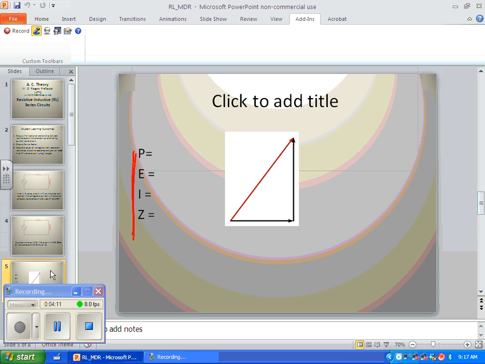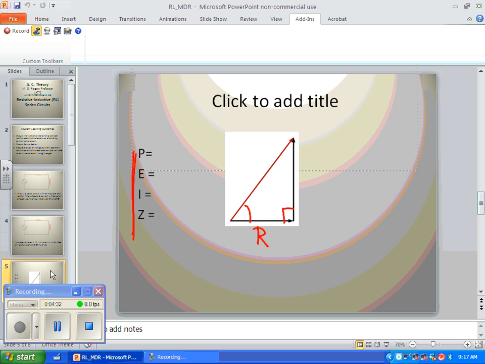Okay, so what were those totals we had for resistance? Now, one of the things I've told you, I believe, is we always put the 90-degree angle off to the right. We always put our phase angle here. And we always put our resistance, when we do resistance, down at the bottom.